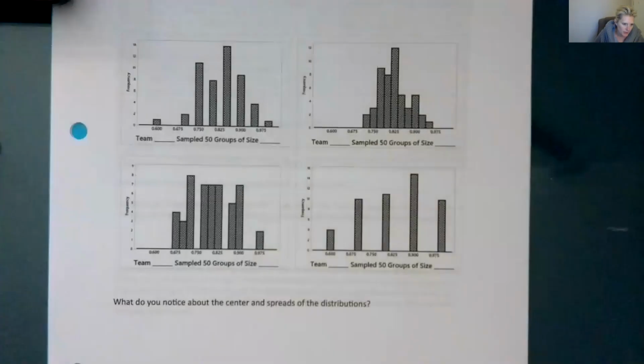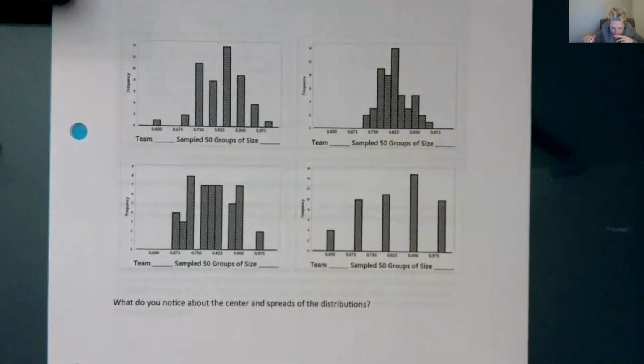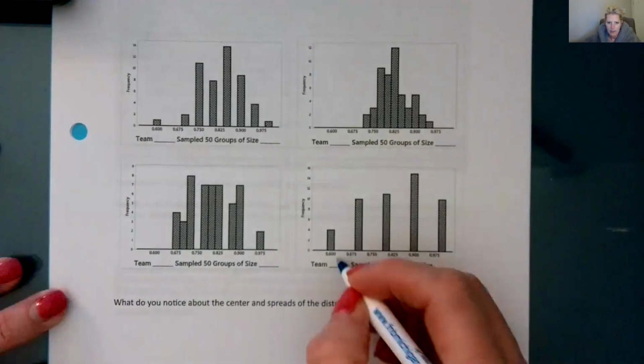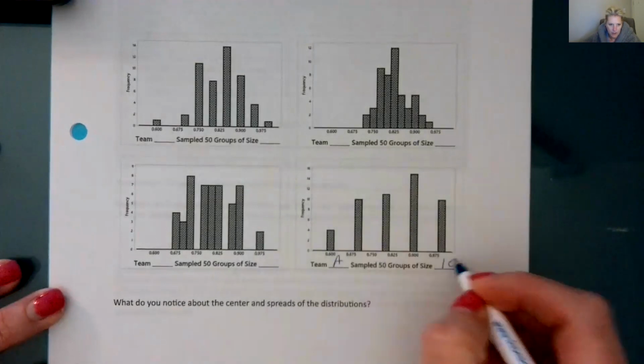So which team do you think they are? The one that is maybe all over the place is probably this one, sample size 10, down here. It's kind of all spread out.